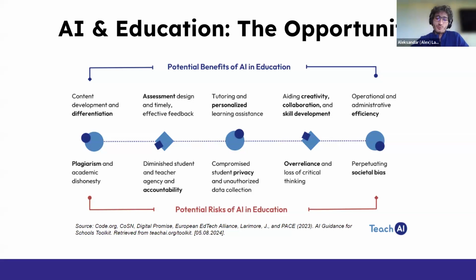Also, the training datasets that these tools are trained on are essentially full of different societal biases, and by using some of these tools, we carry the risk of perpetuating some of these inequities.